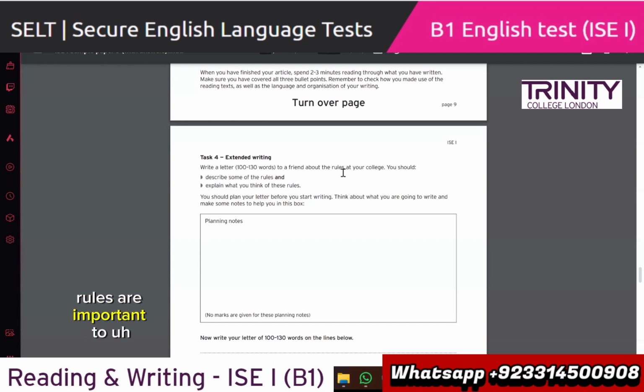Rules are important to respect and maintain a peaceful environment. Rules are important for teaching good values to students, for finishing projects on time, and for better results in exams. These are the main reasons why rules are important.